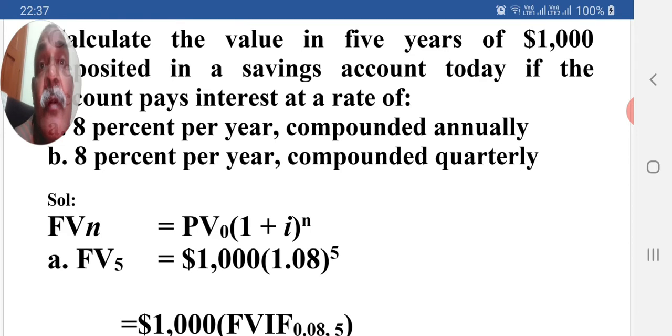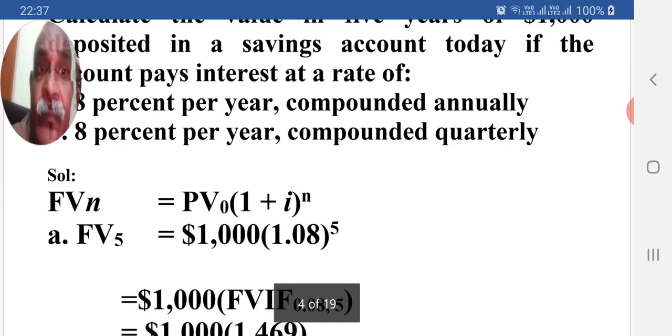Because you are investing for 5 years, future value 5 is equal to 1,000 multiplied by 1 plus I, where I is 8%, which is 0.08, so 1.08 to the power 5.